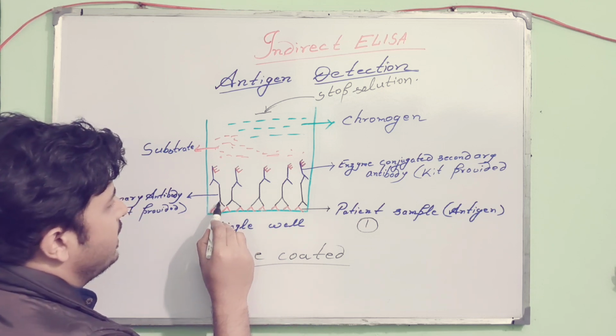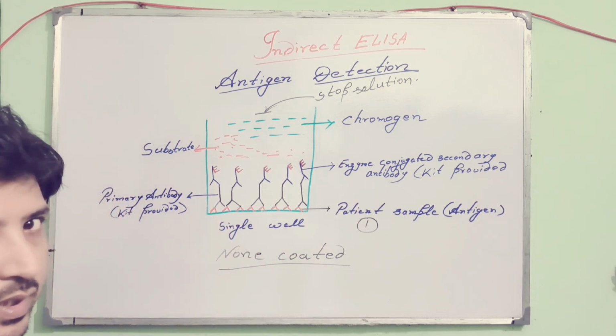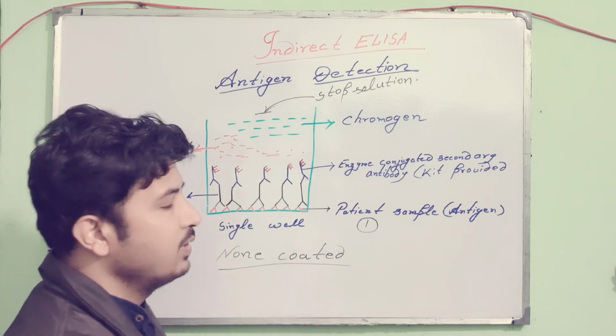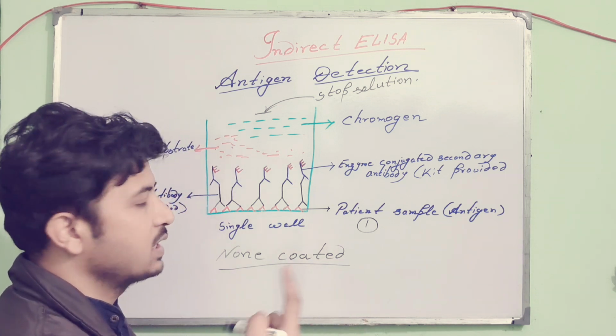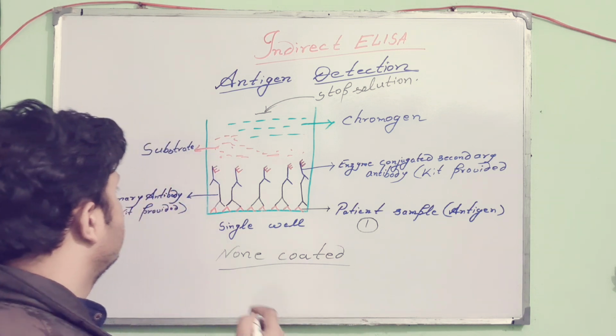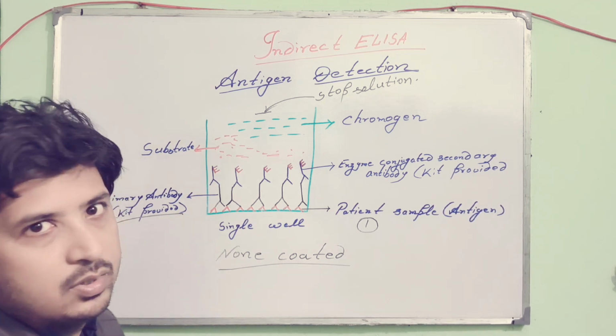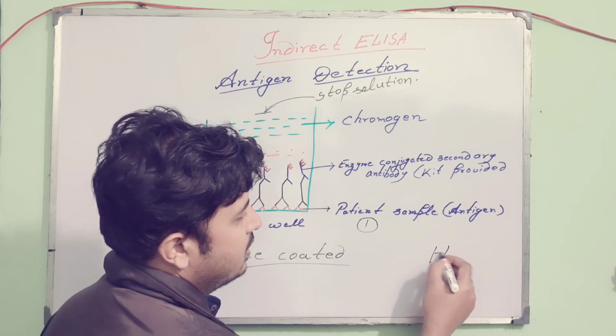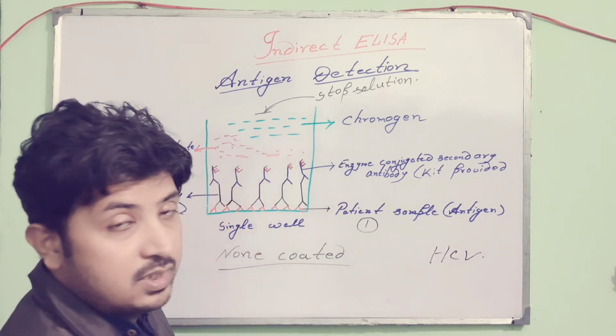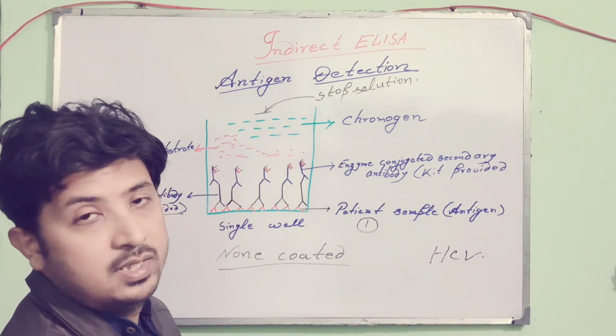Now the primary antibody, which in the previous picture, the antibody detection, was coming from the patient's serum, but here the primary antibody is kit provided. Suppose you are detecting the antigen of HCV in this case.